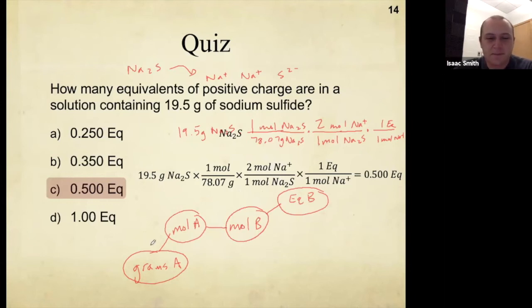From grams of A to moles of A is going to be our molecular weight. And remember, A here is our sodium sulfide, B is going to be our sodium ions. We can go from moles of A to moles of B using the mole ratio. And we go from moles of B to equivalents of B, basically just using the definition of equivalence, the fact that 1 mole of sodium plus ions is equal to 1 equivalent, and that's how you get equivalents in the end.